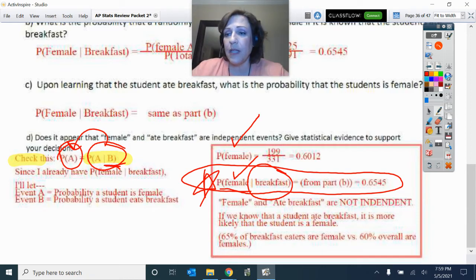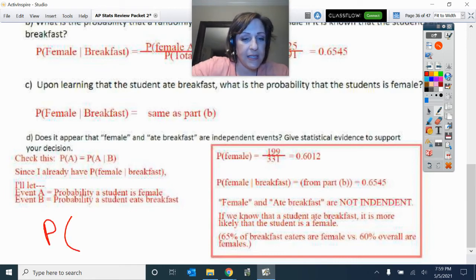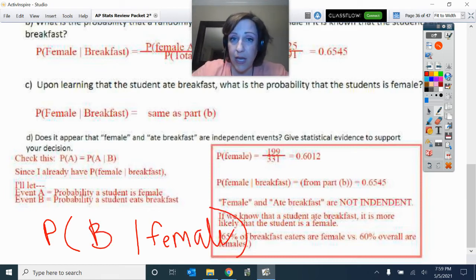Now, look here. If it wasn't for the fact that I had already had one of those conditional probabilities done, I think it would have made more sense, really, in the real world to have done something like this. Given that you are a female, at what rate do you eat breakfast? Okay?